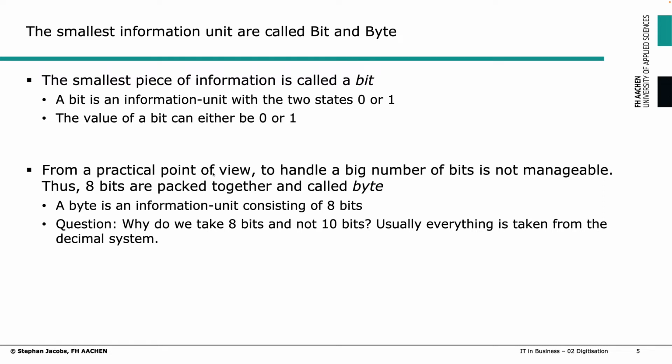Actually, the reason why the computer scientists have chosen 8 bits to be a byte is that 8 is a number which can be formed as 2 to the power of something, 2 to the power of 3 in this case. These numbers really have advantages.